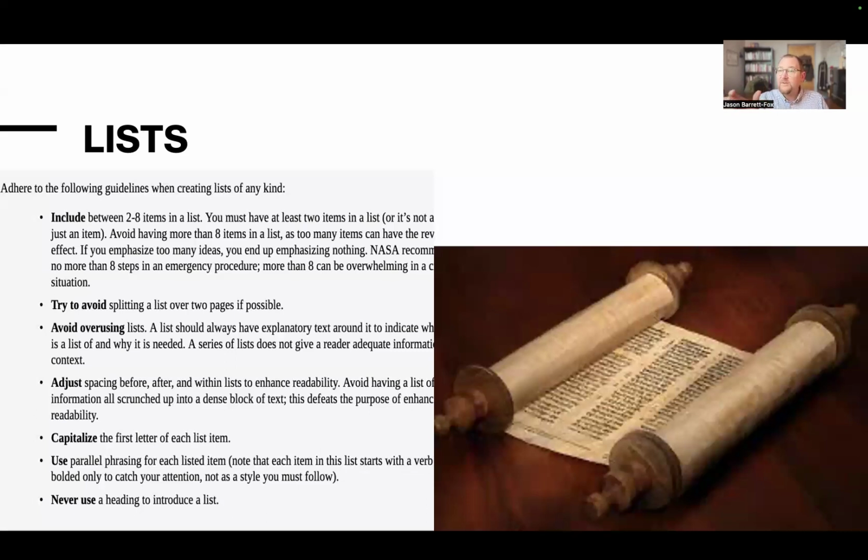So you want them to be doing the same grammatical work each time, and that just makes the document, again, easier to peruse quickly, and easier to get information out of in a quick and efficient way. Finally, she says never use a heading to introduce a list, which I think is a fine rule.